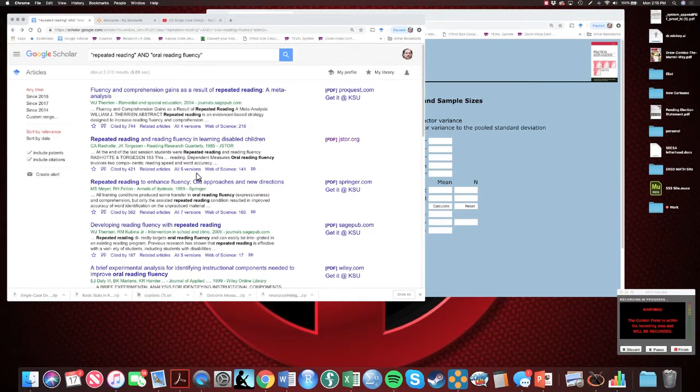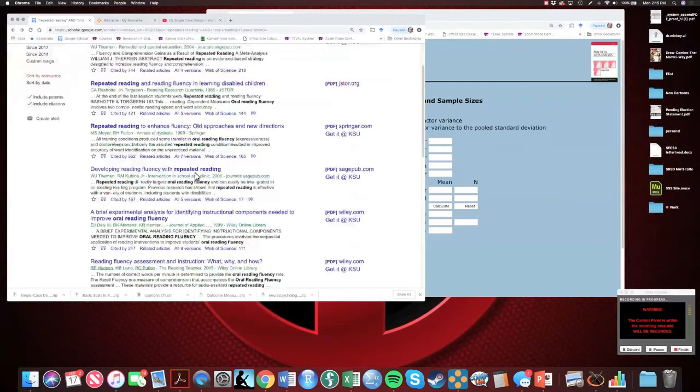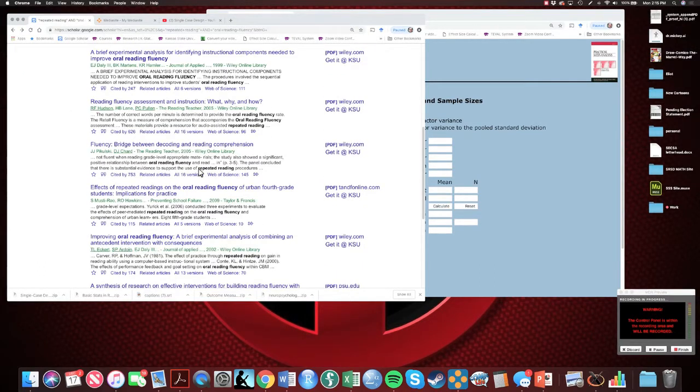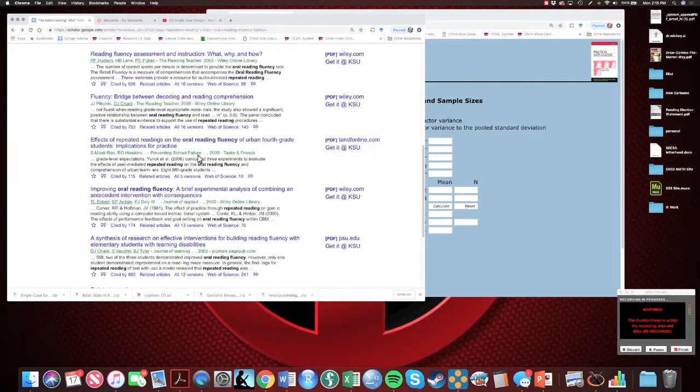So when we're doing meta-analyses, which is the whole point of doing these effect sizes, it can become really problematic because we have a hard time finding the information that we need.